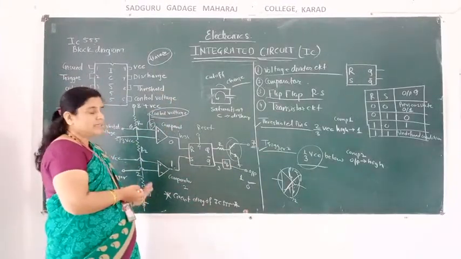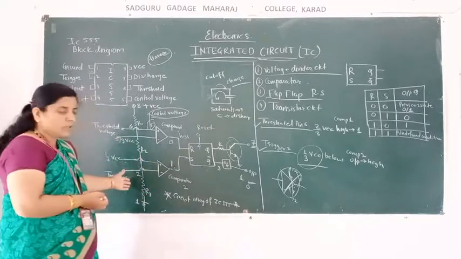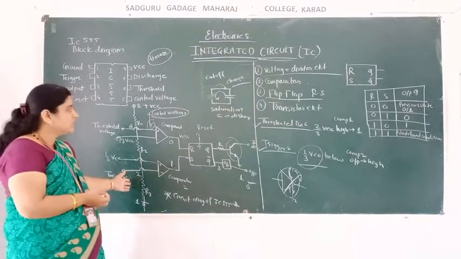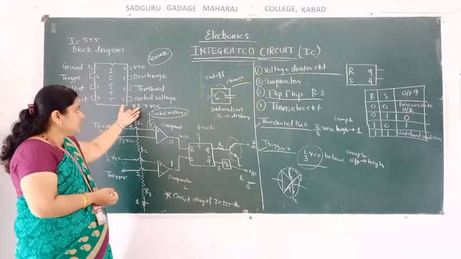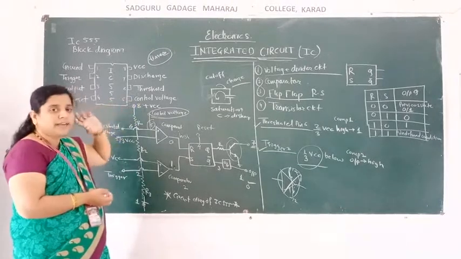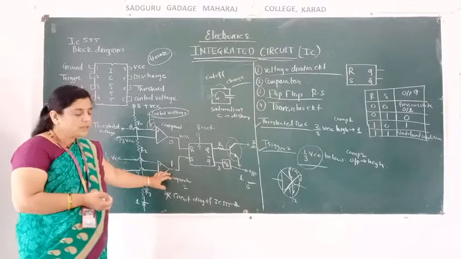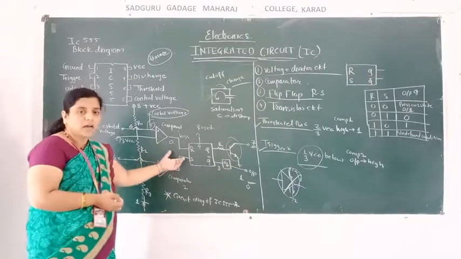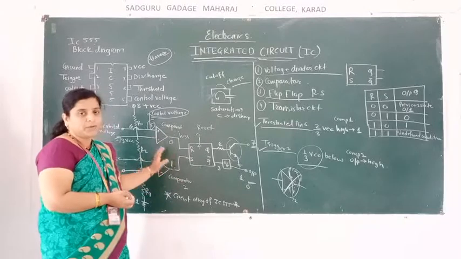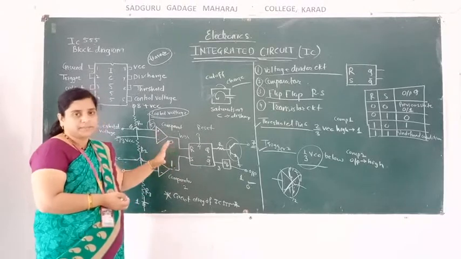The voltage divider circuit is used because it divides the voltage. Whenever VCC supply is given at pin number 8, all 8 pins you have to explain here also. Which pin works how in the circuit diagram, that you have to explain in the working.